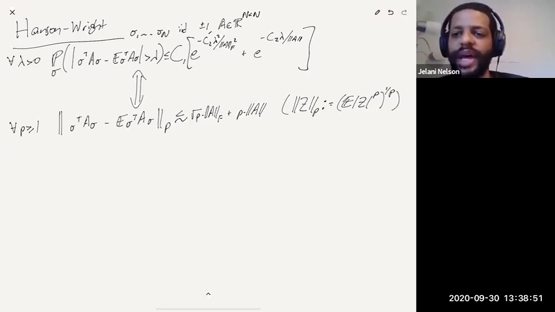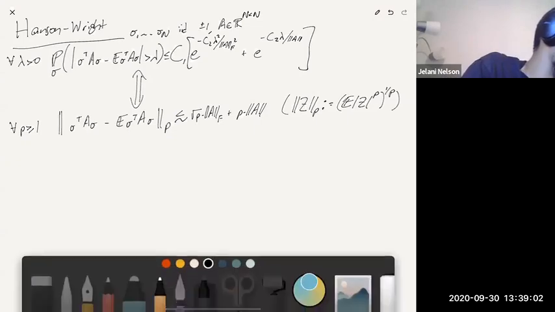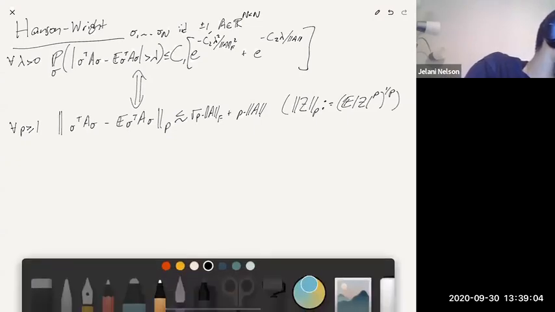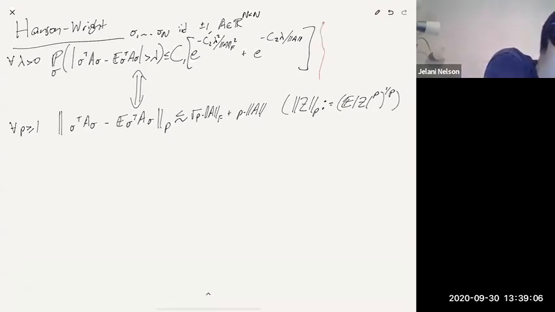I defined Frobenius and operator norms last time. I just wanted to thank Yeshwant, who pointed out to me over email that something I said for operator norm wasn't quite right. First of all, what is the operator norm? The actual definition of the operator norm is defined to be the sup over all x of the L2 norm of Ax divided by the norm of x.